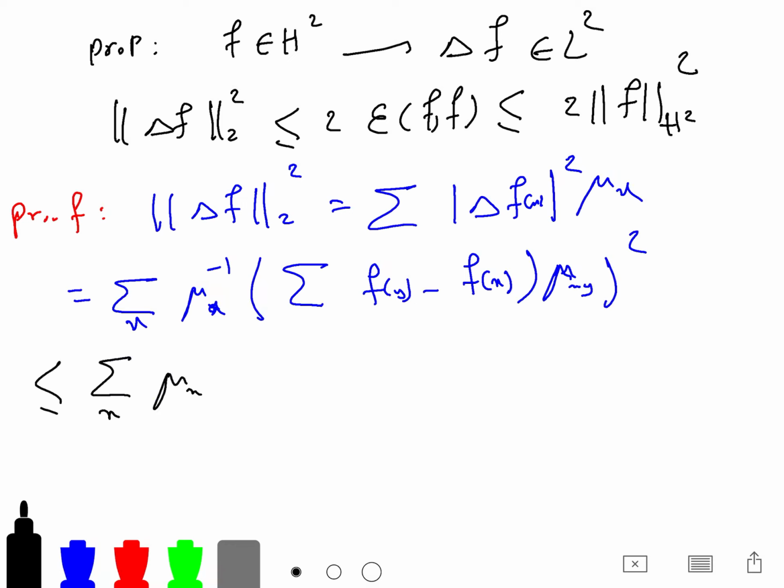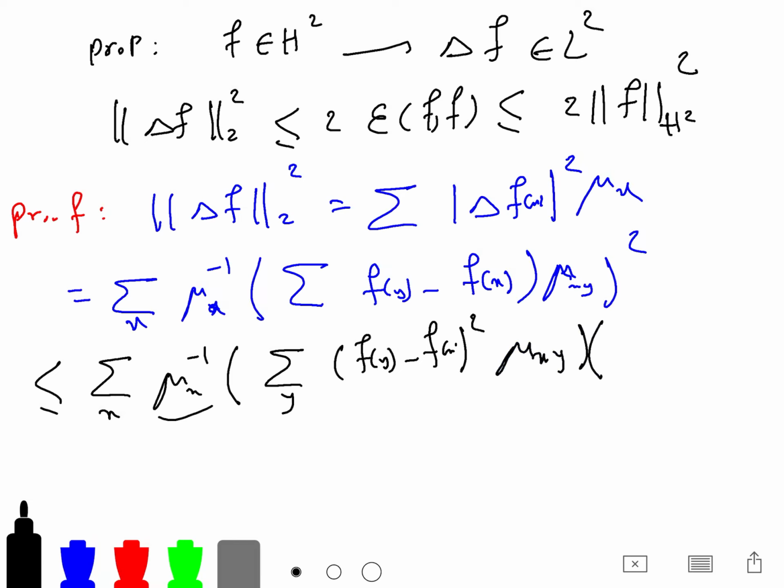the summation over x of mu x minus 1. Now just a simple inequality: for f of y minus f of x squared, this term is just squared, and just use this term, and so what remains is we just need mu x and y times mu x and y, but the summation is over y.